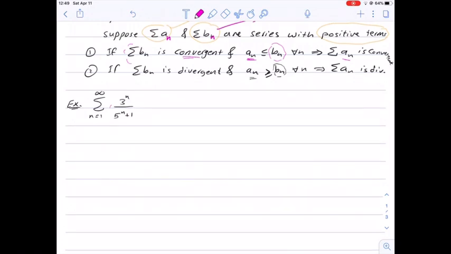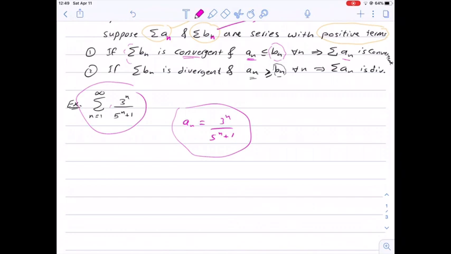Now let's take an example. We have the series 3 to the nth over 5 to the nth plus 1. Now A sub n is 3 to the nth over 5 to the nth plus 1. This is the series that we want to test. This is the general term.